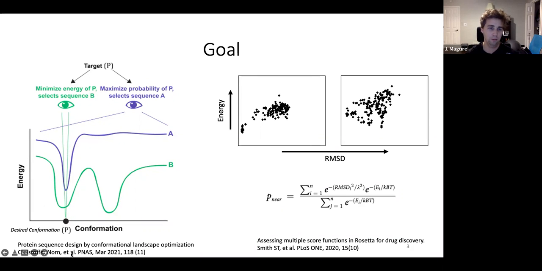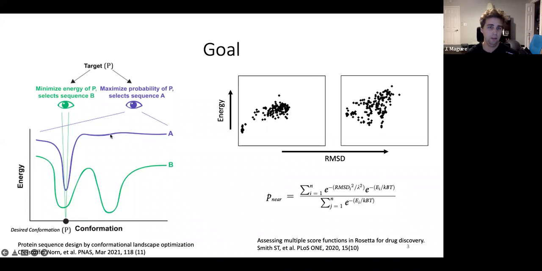I'm not on this paper, but I really love this figure. What they've shown is that if you have a one-dimensional conformation landscape and two possible sequences, maybe this point on the conformation landscape is your desired conformation.